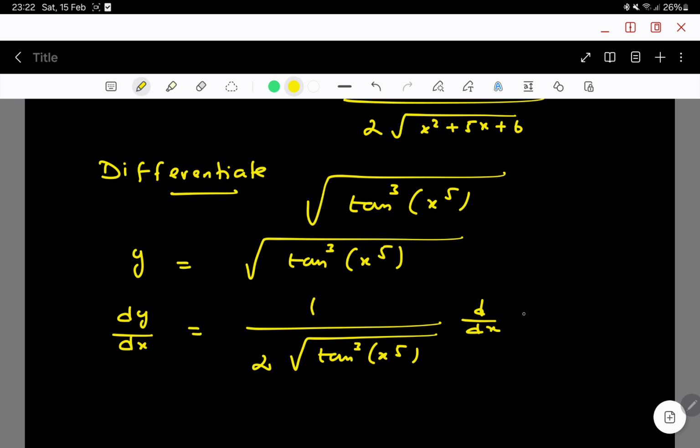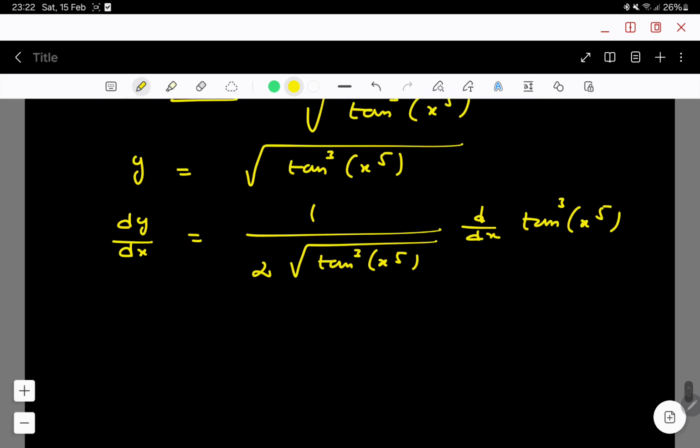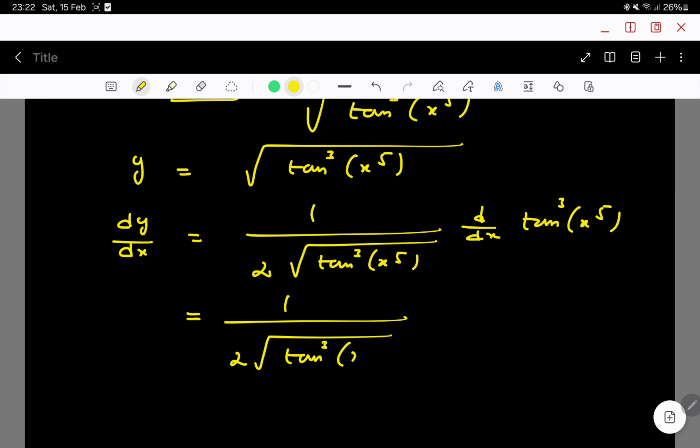Here f of x is tan cube x power 5. So to differentiate tan cube x power 5, we follow the power rule.